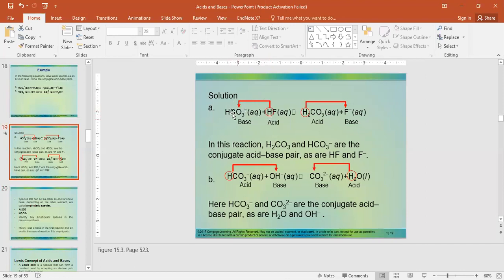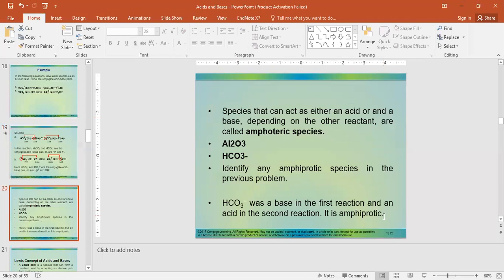So it is a proton acceptor here. In part B, it is an acid because it is a proton donor. So this property of the hydrogen carbonate to behave as an acid and a base via the donation or acceptance of protons is what qualifies it to be ambiprotic.